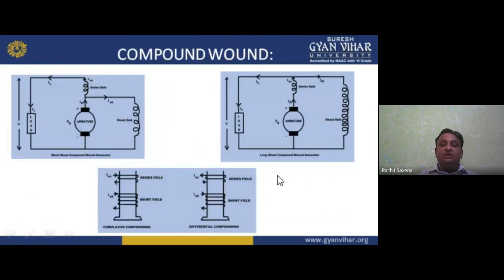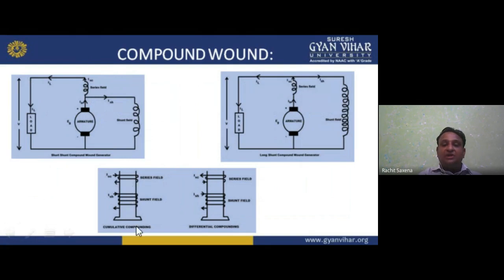Now moving forward, compound wound. See here, in compound wound, we basically have the short shunt and the long shunt. In this, the shunt is very small, or you can say short, connected in parallel like this with the armature, and the series in this manner. So here we have the node, where current divides. But see here, the current divides in the long shunt; you can also divide like this.